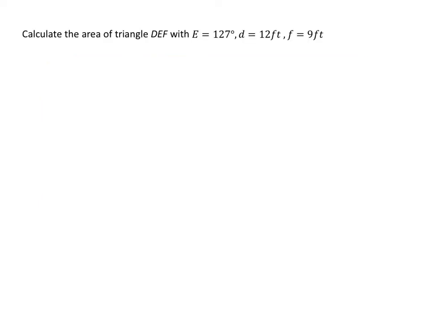So let's start the first triangle. We are given angle E at 127 and then sides D and F. So I have 2 sides and the angle in between them. If I'm not sure about that, I can always sketch the triangle.